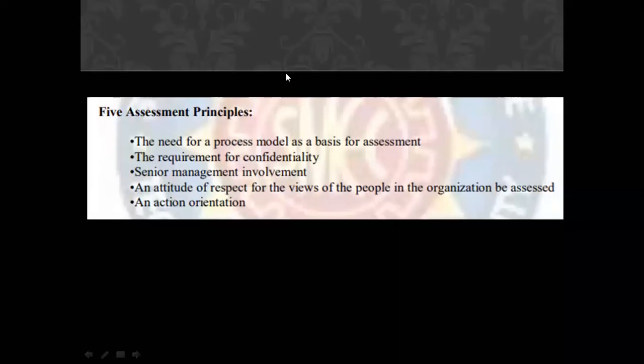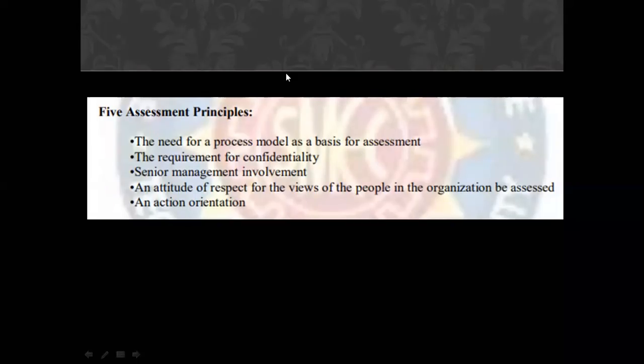The second principle, the first principle was about the process model should be there, the second principle is about confidentiality should be there. Third one involves senior management. Involvement of senior management is very much required, because the senior manager sets the organization's priorities. The site manager must be personally involved in the assessment and its follow up actions.